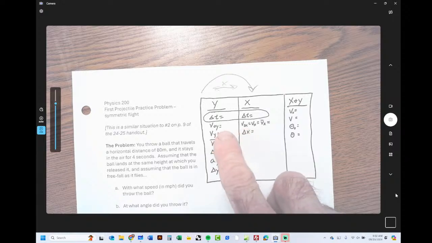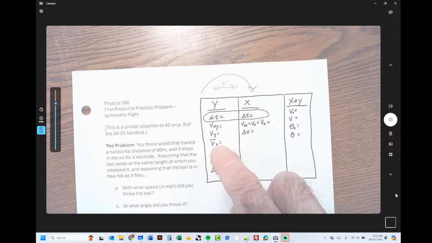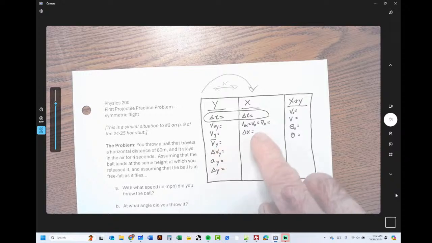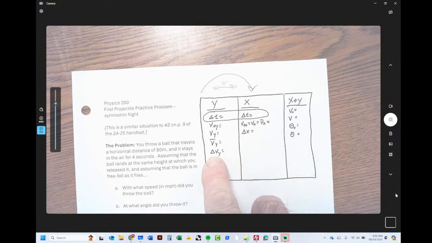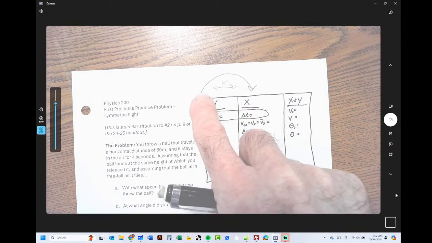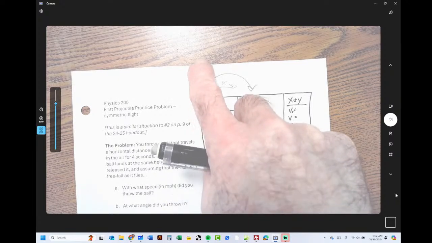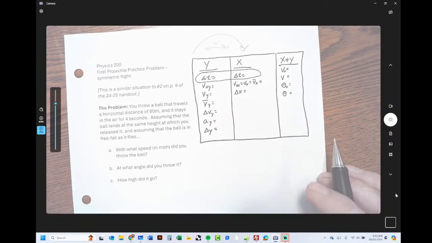And the idea that the initial velocity and the final velocity and the average velocity could be different is ridiculous. If you don't have acceleration, they're all the same. So there's only one velocity. And there is no delta Vx because the x velocity never changes. Y velocity is going to change. It's going to go up, slow down, and then come down faster, just like we talked about. All right, enough of that.